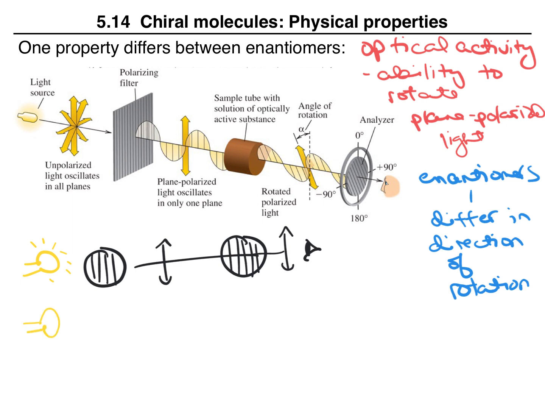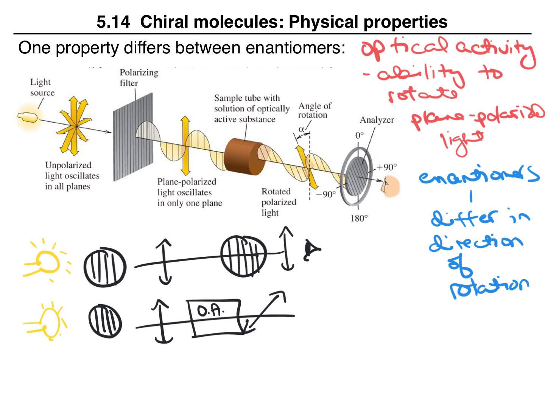If we have the same setup, and here's our light source, here's our filter, and the plane polarized light is moving in this direction. But now we have a sample of something that is optically active, then it will rotate the plane polarized light, and it could rotate it to the right or to the left. Now, if the detector still looks like this, then the observer will see nothing.